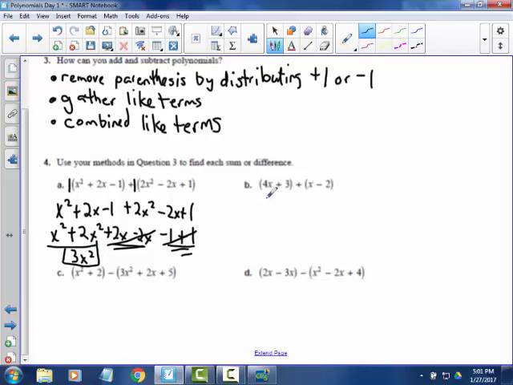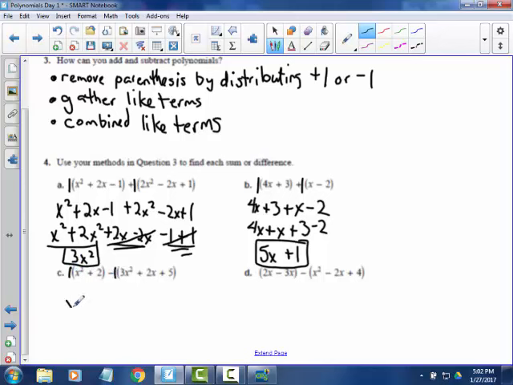Okay. Try it again. 4x plus 3, understood 1 out front, plus 1. So that becomes 4x plus 3 plus x minus 2. Gather our like terms. Combine them. And that's our answer. Okay, this time I have a positive 1, and then I have a minus 1.